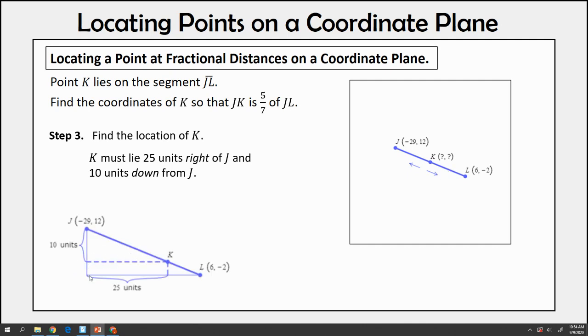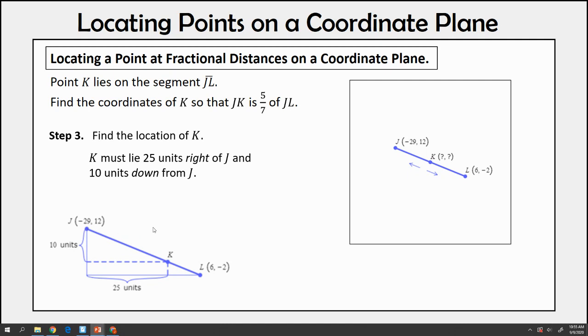Remember that we said the horizontal distance is 35 units and 5/7 of that was 25. So I want to go 25 units to the right of J. And then we said the vertical total distance from J to L was 14, and 5/7 of 14 is 10.